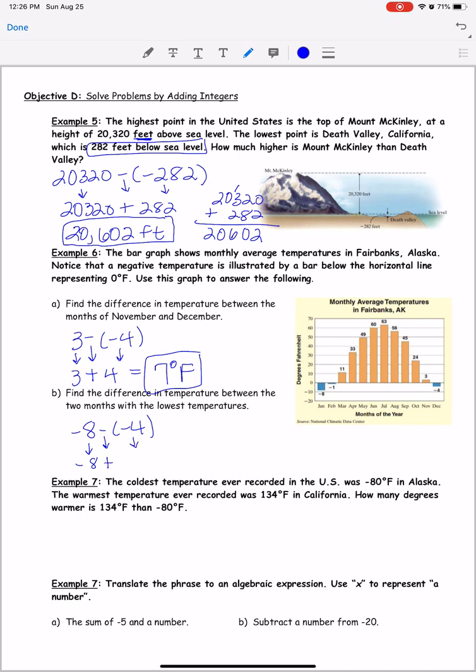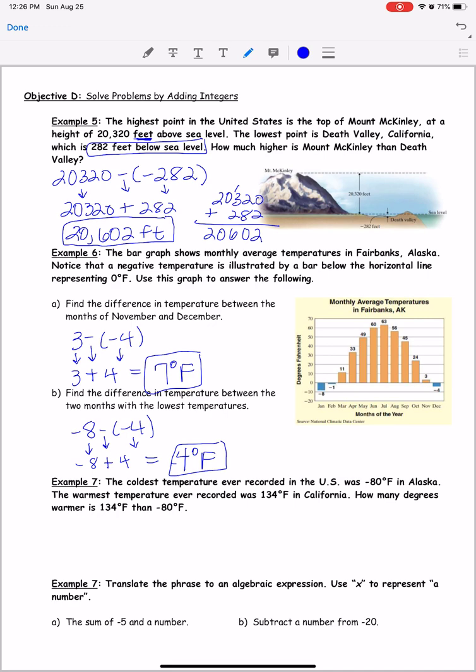Flip your second number so it becomes a +4. So this time you've got opposite signs. So subtract and keep the sign of the bigger number. So 8 minus 4 is 4. My bigger number is 8 and it's negative, so negative. And so again, we are in degrees Fahrenheit. So this is -4 degrees Fahrenheit.